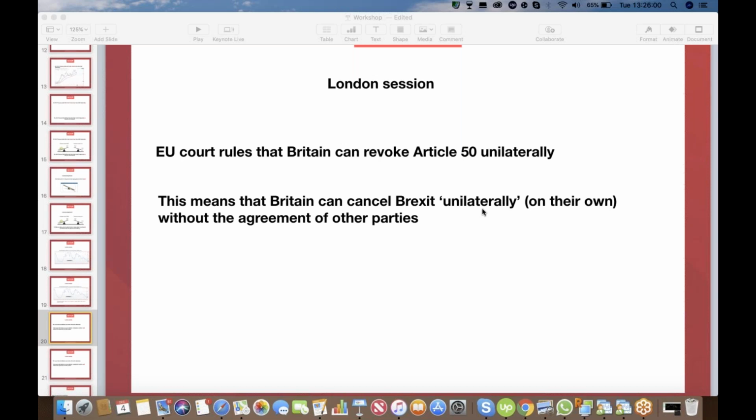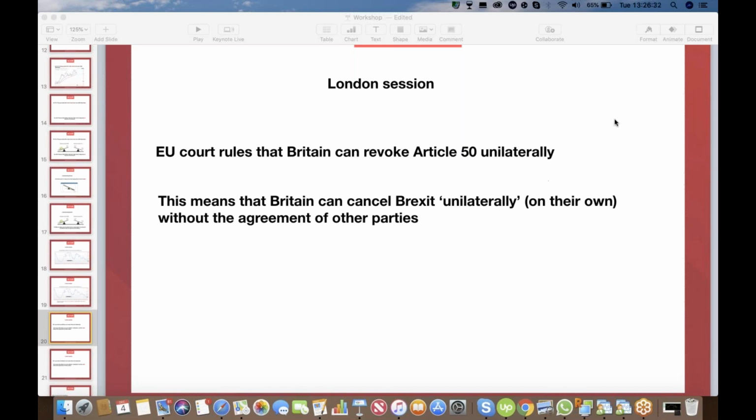Now, this is a very good example of something as well, because the market reacts sometimes in a very knee-jerk way. So the EU says that if Britain wants to remain in the EU, all it has to do is say it wants to remain in the EU, and it can. So the market's bought the pound because in one sense that's good news for the pound. But does that really change anything?